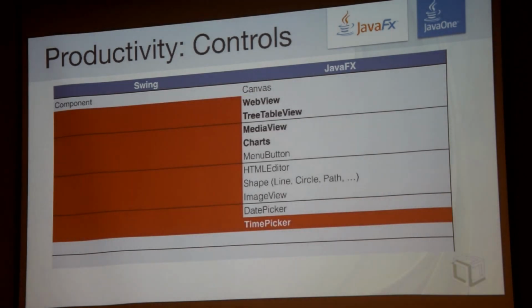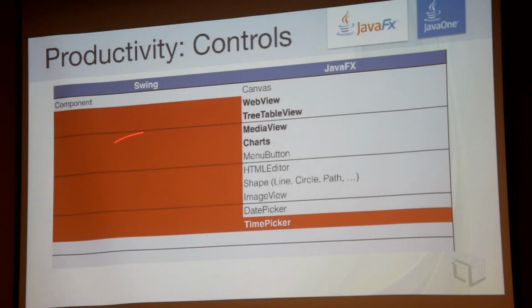But then page 3 gets really, really interesting, because now we have a lot of red here in the Swing column, because all of these controls exist in JavaFX, but they did not exist in Swing. So there's now a web view based on the standard, I don't know, what was it called again, WebKit or so. So you get really high-end rendering of web pages, HTML, in your application. You get a tree table view.